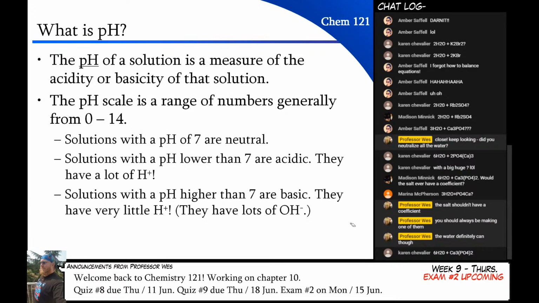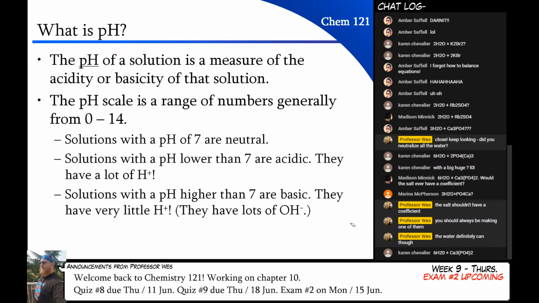The way that the pH scale works is it is a number on a scale from 0 to 14, with 7 as the midpoint. 7 is water. Something with a pH of 7 is neutral. As the pH goes down below 7, those solutions are considered to be acidic.